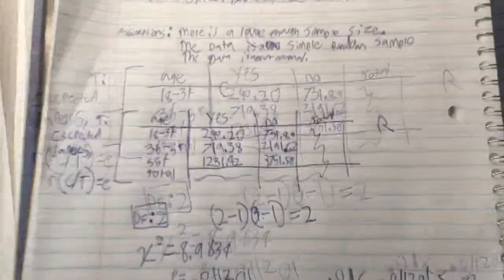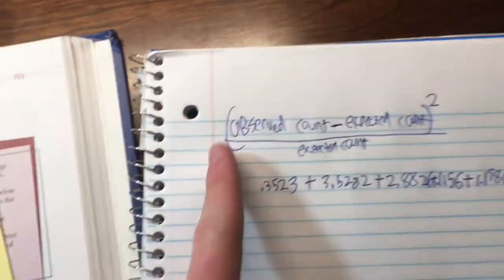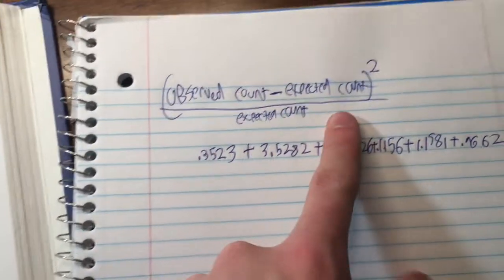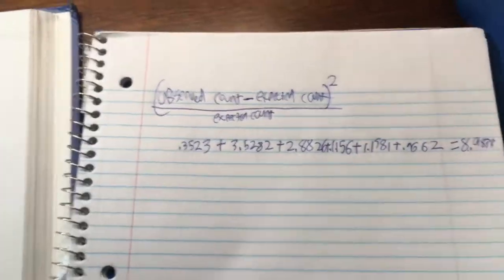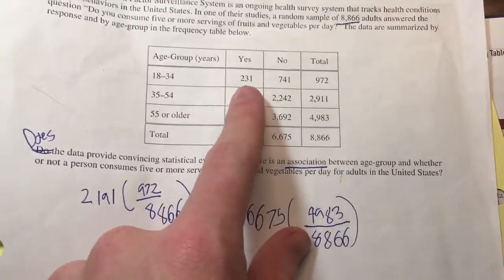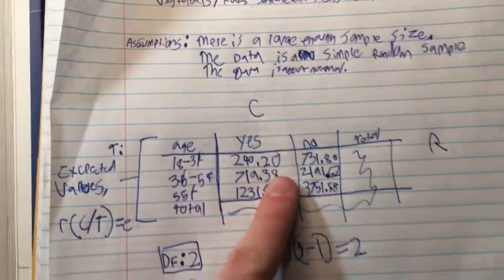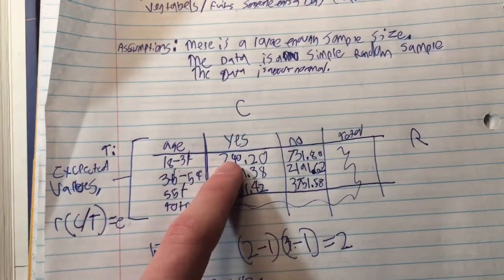All right, so once I made the chart, I then took the expected count and the observed count, and I compared them. And the formula for comparison is observed count minus expected count, squared, divided by the expected count. So for an example of this, take the observed count again for this one, 231, and then I'd subtract the 240.2, square that difference, and then divide it by, again, 240.2.